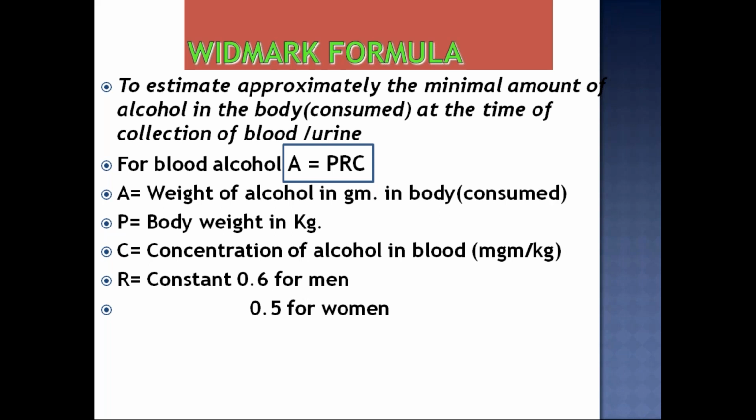And R is a constant, which is 0.6 for men and 0.5 for women. So A is equal to PRC, where P stands for body weight in kgs, C stands for concentration of alcohol in the blood, R is a constant, which is 0.6 for men and 0.5 for women, and A is weight of the alcohol in grams in the body consumed.